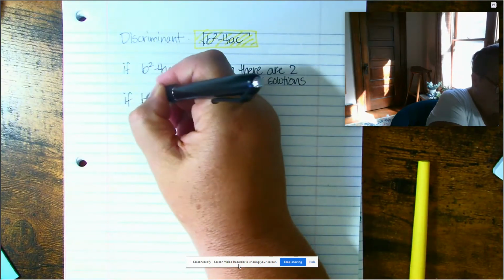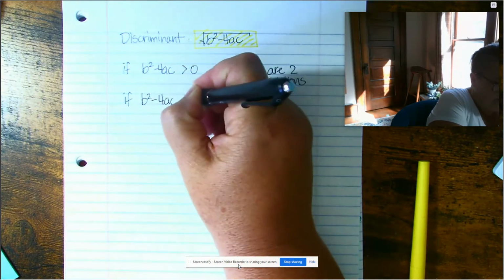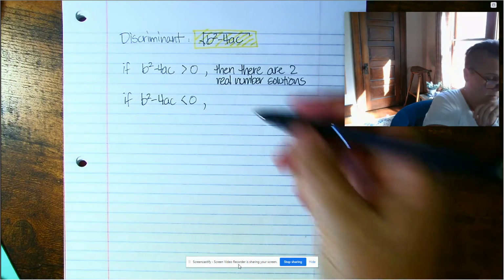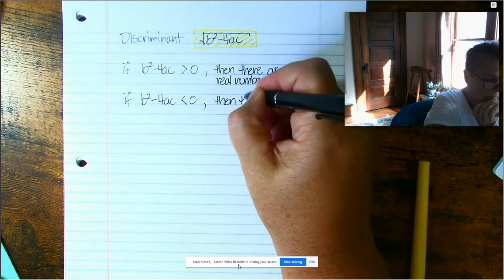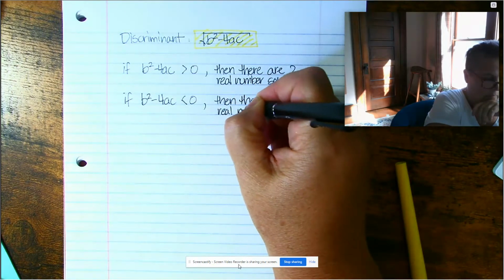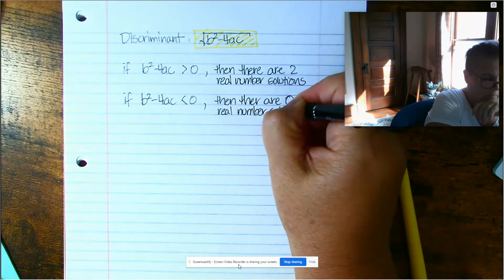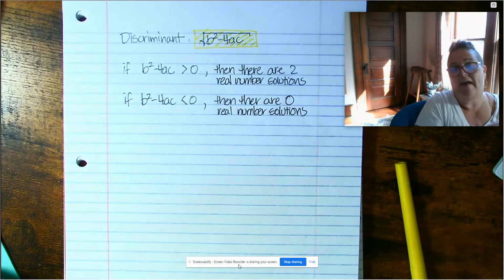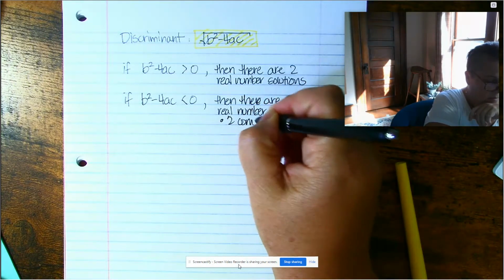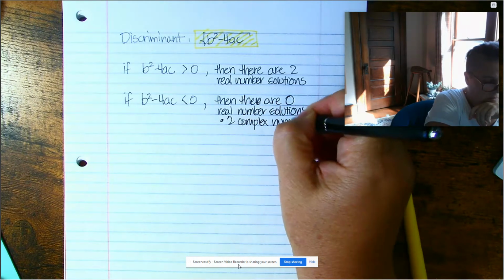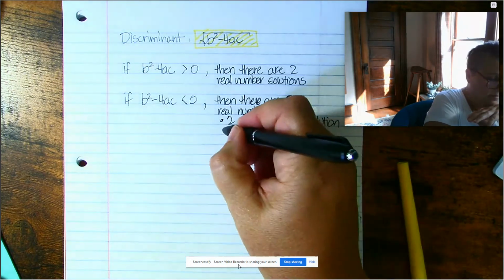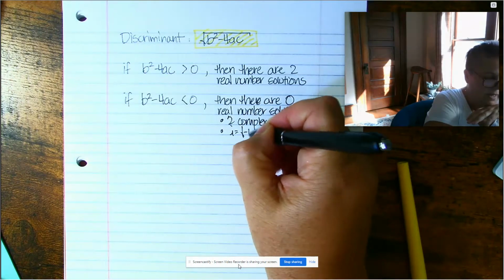If that b squared minus 4ac is less than 0, then your solutions will not be real. And in fact, what you will have is 2 complex solutions. Remembering complex numbers, that's where i is equal to the square root of a negative 1.